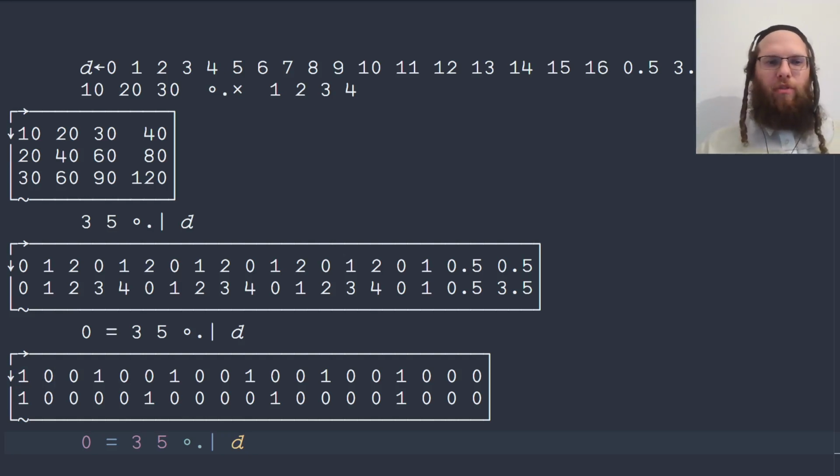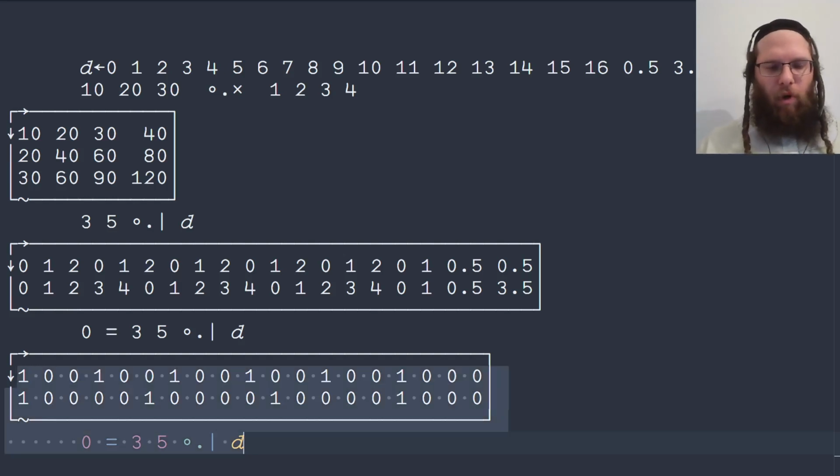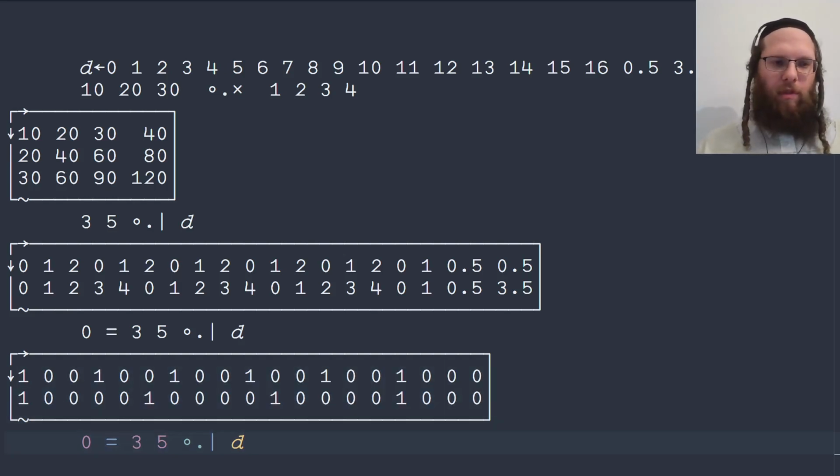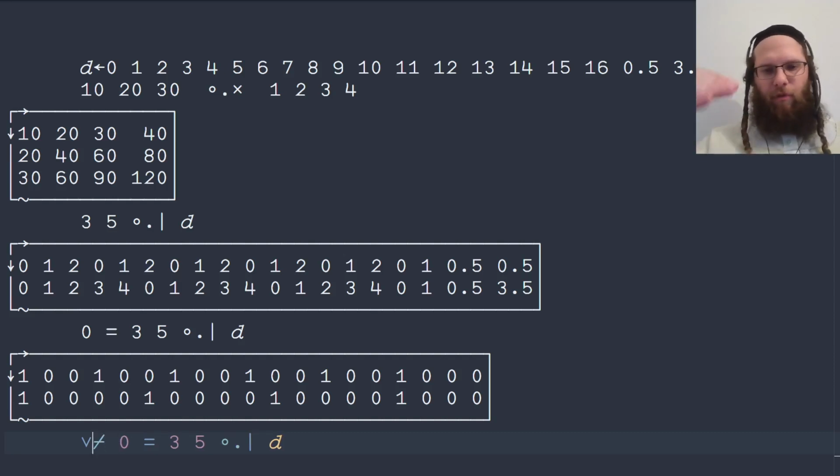And we're not actually interested in whether or not it's divisible by specifically 3 or 5. We just want to know if it's divisible by any one of them. So we want to say, yes, keep this number if we have a 1 at the top, or a 1 at the bottom, or both. And we can do that by using the OR function. We're inserting that, and we're using a slash bar after that. It means a vertical reduction.